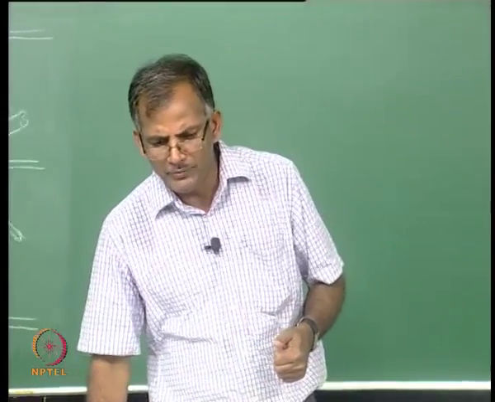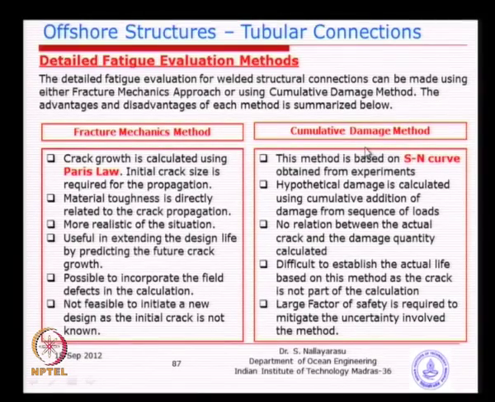So, this cumulative fatigue damage method is nothing but you take each sea state. For example, you have 3 wave heights in the field, just forget about so many numbers. Take the first wave height, find out the stresses, find out the number of cycles that particular wave height is applied, because you can go and measure this information from the site, and correspondingly you find out the number of allowable cycles for that sea state, and then find out the ratio.